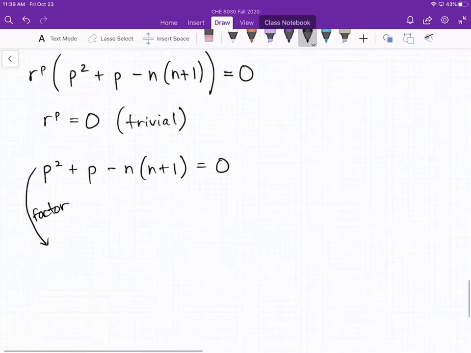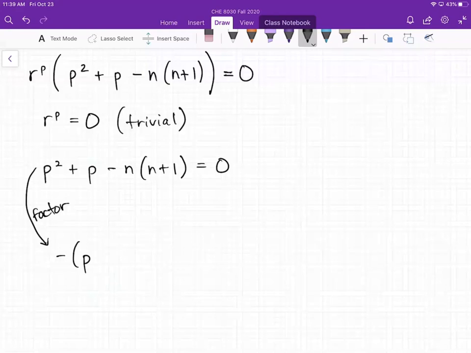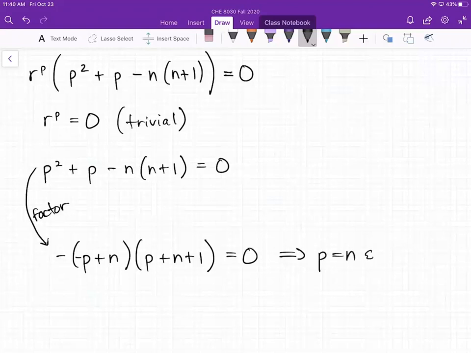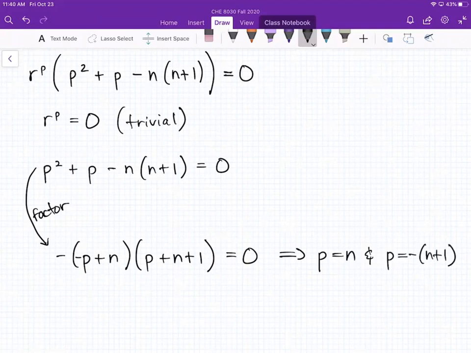I can factor it, and once I factor it, it becomes obvious that the two roots of my equation are p equals n and p equals negative n plus 1, which are the same roots that Dean comes up with in his example problem.